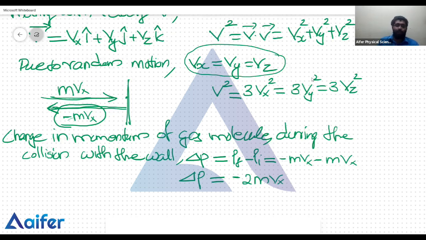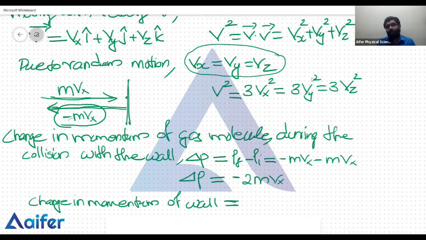So what is the change in momentum of the wall? By Newton's third law, we could say that when the gas molecule hits and imparts some momentum on the wall, the wall also provides some impact on the molecule. So they are mutually balanced. The molecule provides some impact on the wall and vice versa.